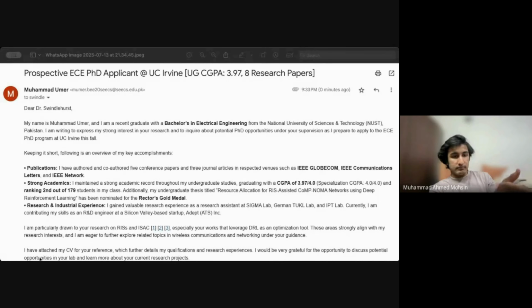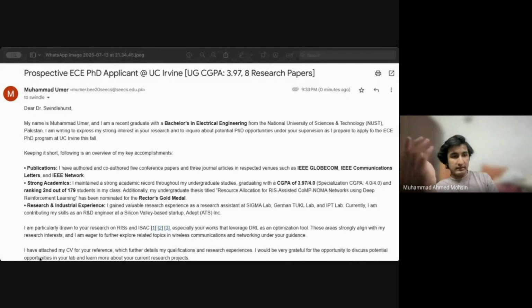And then he wrote about his academics and his research experience. And in the last paragraph, you have to write about what research you are interested in in his lab, or the work of his that you have read which overlaps with your prior research experience, or that motivates you to do research in that relevant area.